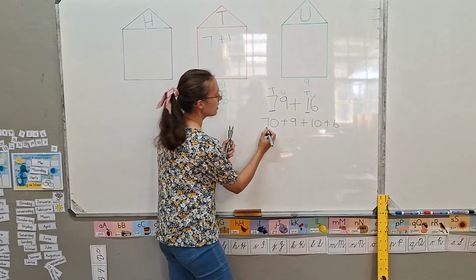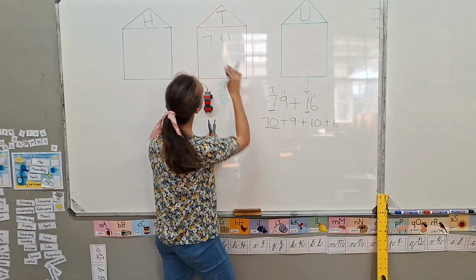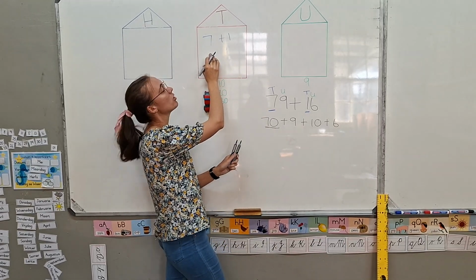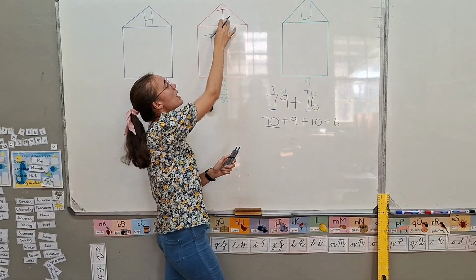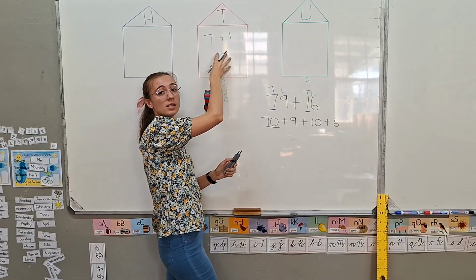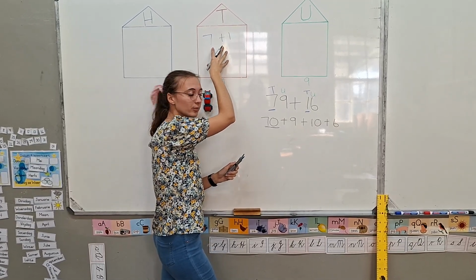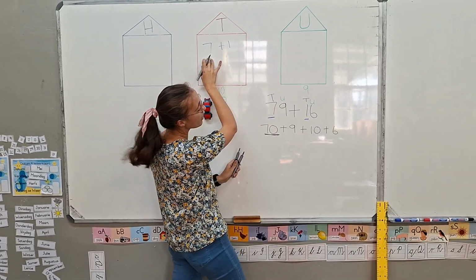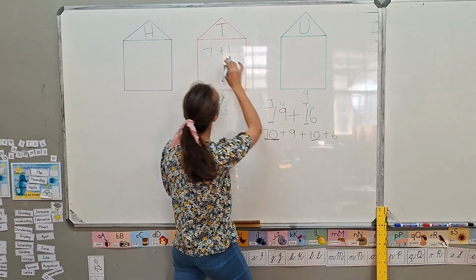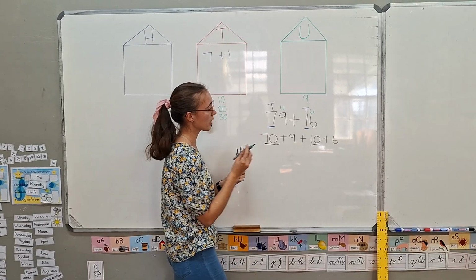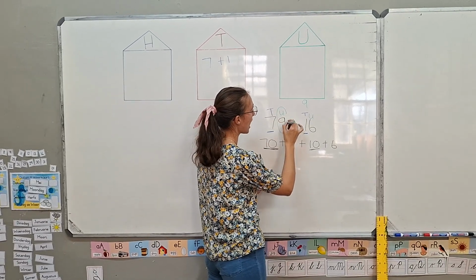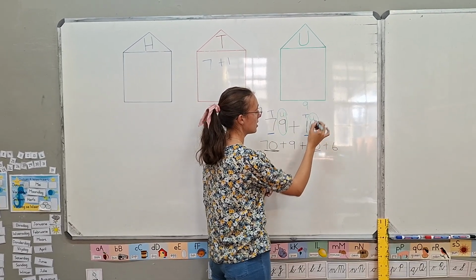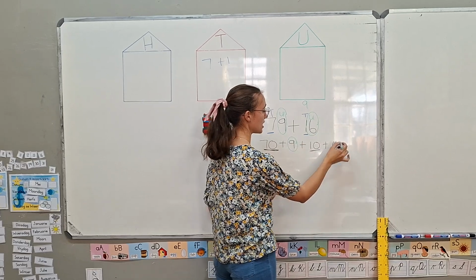So, this 70 is that 7. We don't write 70 because the tens house already has its ten value. The 70 is already there and the 10 is also already there. So this 9 and this 6 are all that we're going to work with now.